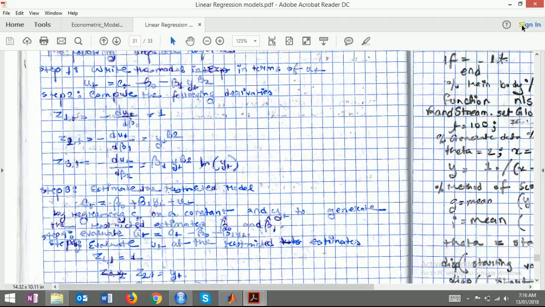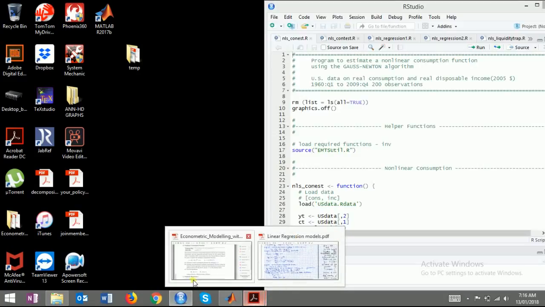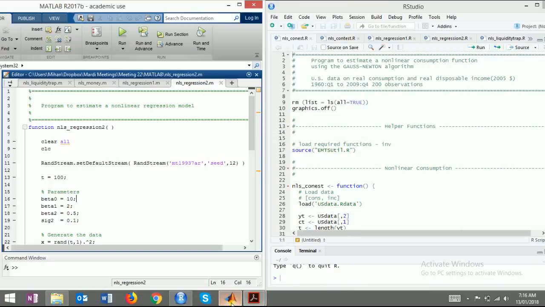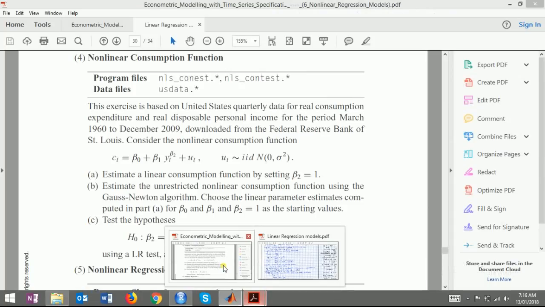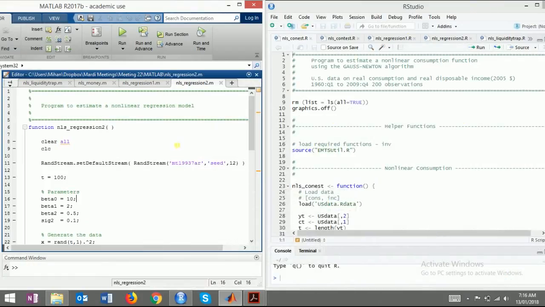Now let's move into discussing the nonlinear consumption function. First, let's have a look at the nonlinear regression model.